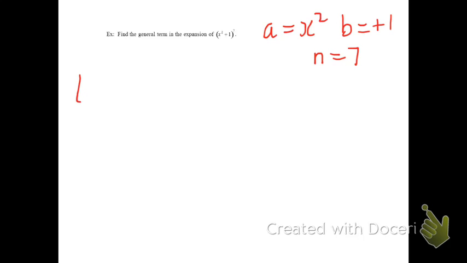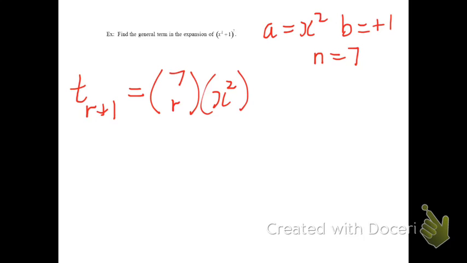So using the pattern that we had in the previous page, if t is r plus 1, then the general term is going to be 7 choose r, and then here's our a, and it'll be to the power of 7 minus r. So we know for that first term it would be 7 minus 0. And then here's our b term, and it starts with r. So that is our general expression, and that's very nice, but how does that help us? Well, what if the question is find the fifth term?